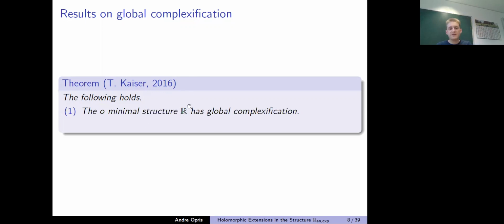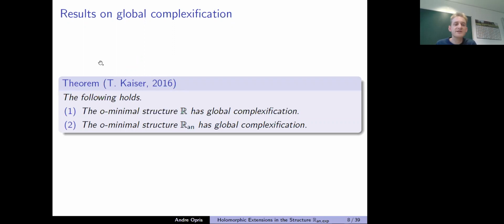Note that if we deal with the o-minimal structure R_alg, then we have to deal with real analytic semi-algebraic functions, and such functions are called Nash functions. And for Nash functions, there are nice descriptions like the Artin-Mazur description or the implicit function theorem. And with both descriptions, one can show this result.